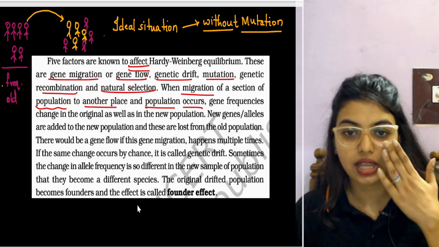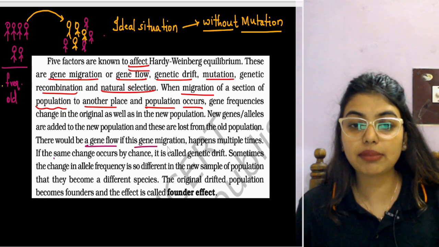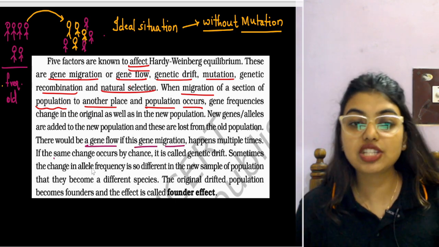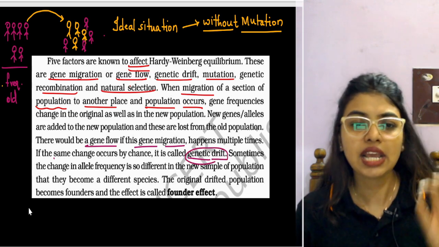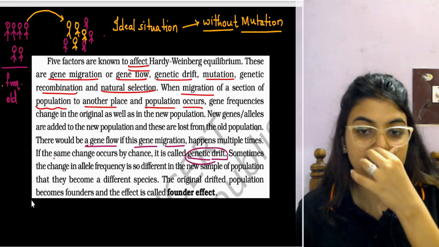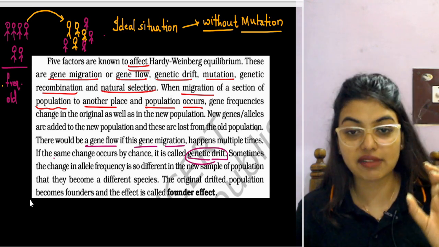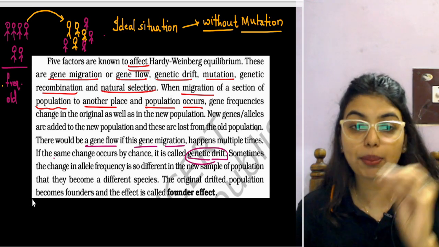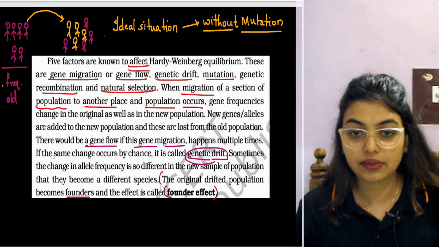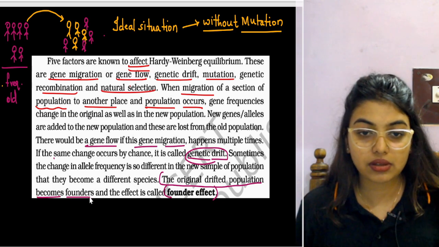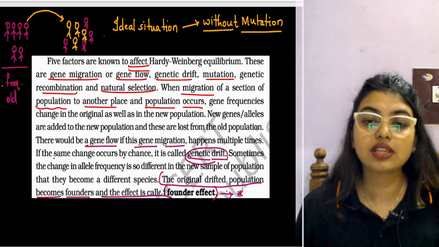That's what they're trying to say. There would be gene flow if gene migration happens multiple times. If the same change occurs by chance, it is called genetic drift. Sometimes the change in allelic frequency is so different in the new sample of population that they become a different species by itself. The originally drifted population becomes the founders, and the effect is called the founder effect.